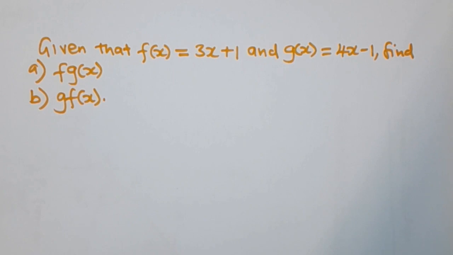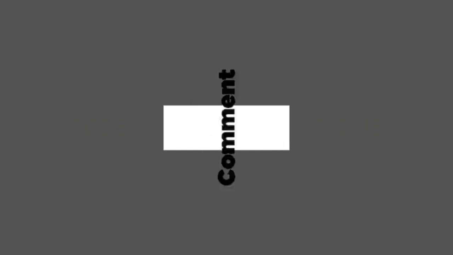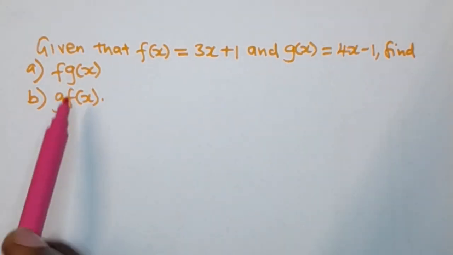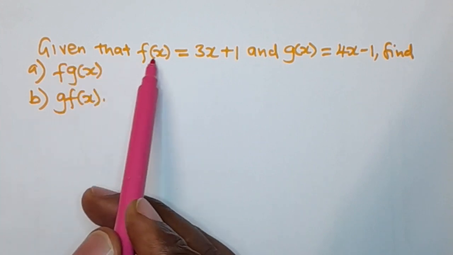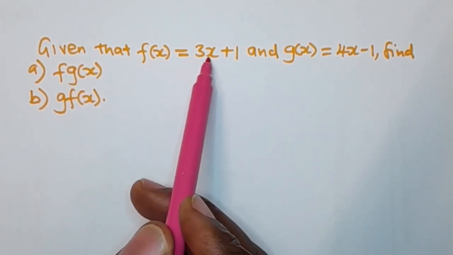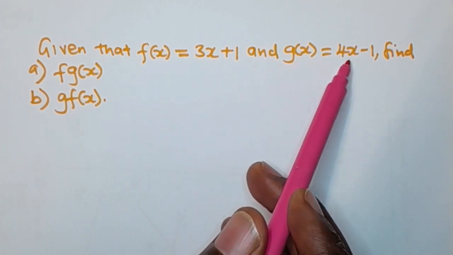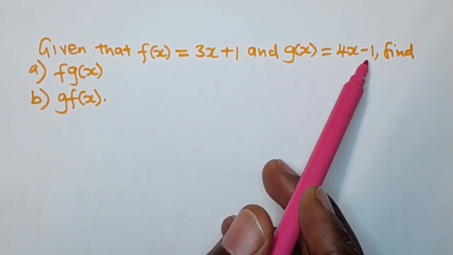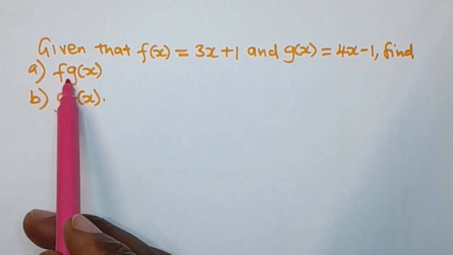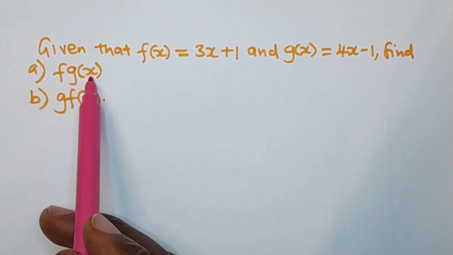In this video, we're going to look at composite functions. So here's an example. Given that f of x is equal to 3x plus 1 and g of x is equal to 4x minus 1, find f of g of x.